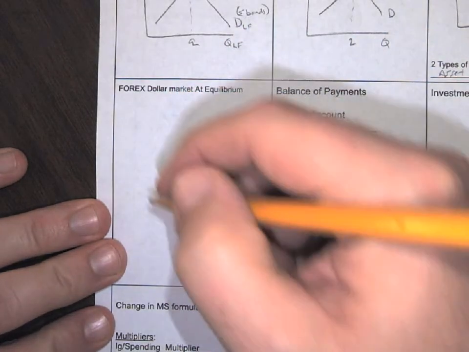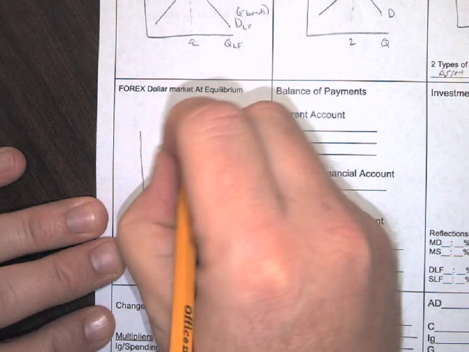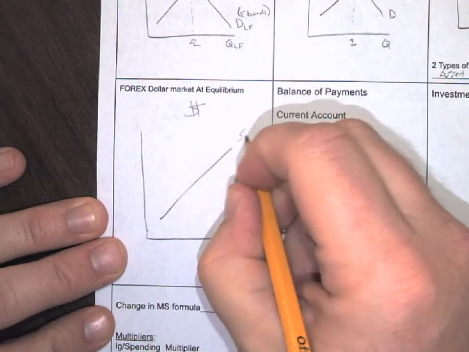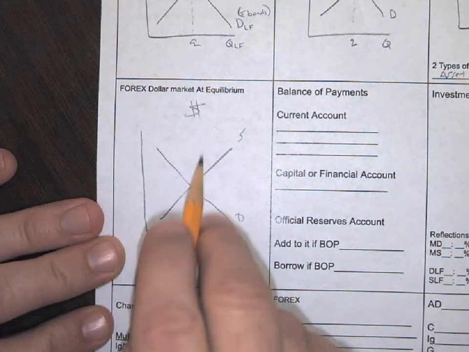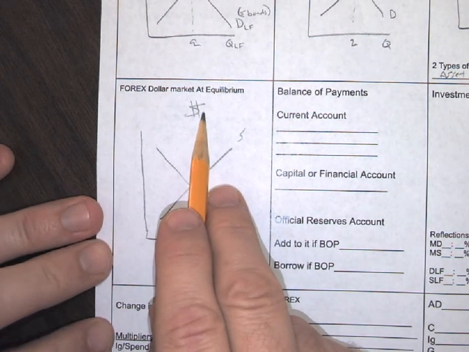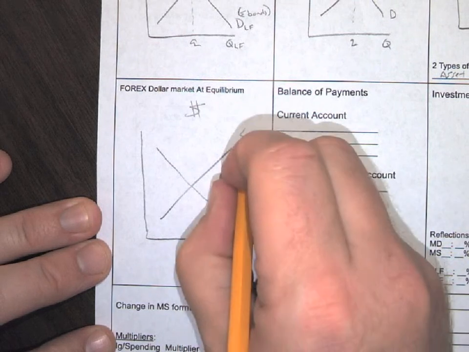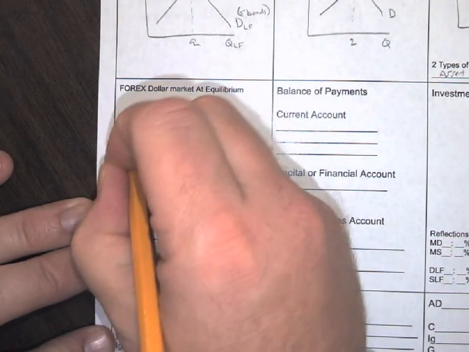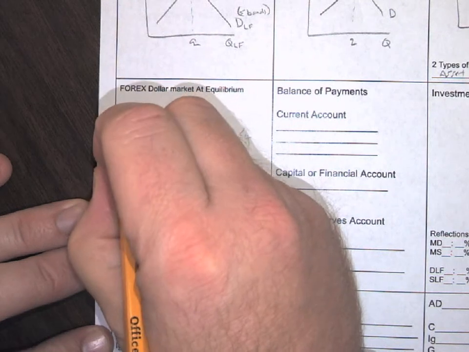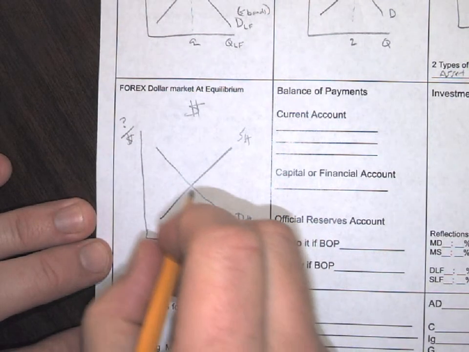Alright, the Forex is foreign exchange. It's the dollar market. So I've got the dollar market right here, the supply, demand, quantity. So remember, I'm just going to take this and make it the denominator of everything to get my labels. So we'll have the supply of the dollar, the demand of the dollar, the quantity of the dollar, and the dollar underneath whatever currency you're given in the other country that you're dealing with.